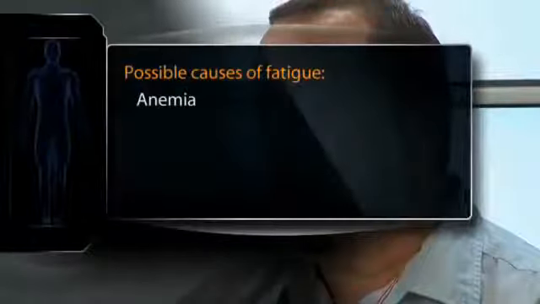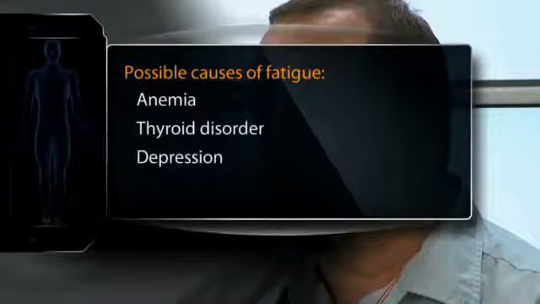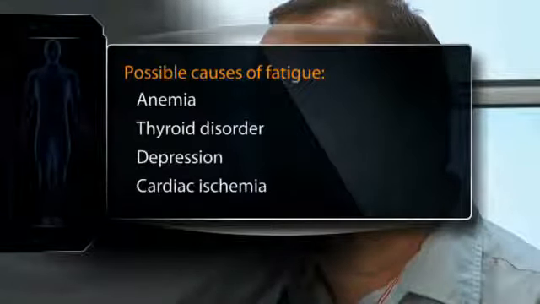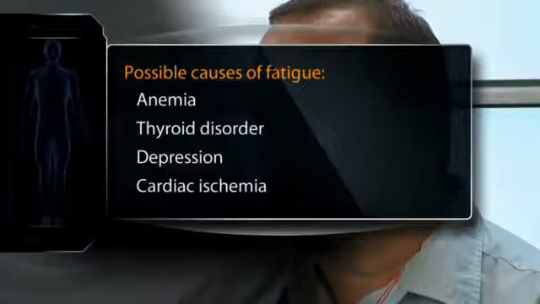Fatigue is a relatively nonspecific symptom with many causes. Because fatigue is a normal response to hard work, sustained stress, or grief, try to elicit its associated life circumstances. Fatigue unrelated to such situations requires further investigation into causes such as anemia, thyroid disorder, depression, cardiac ischemia, and several others.